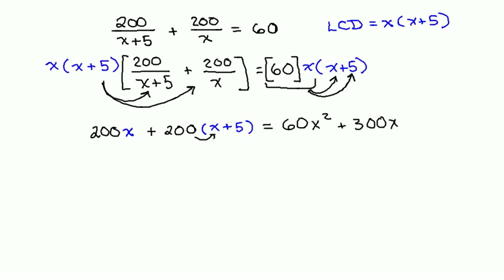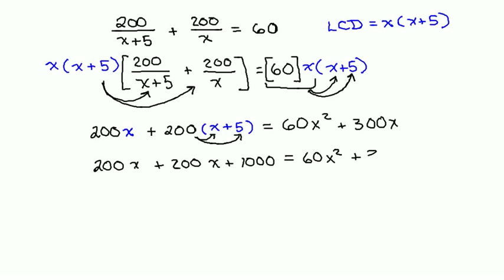Now I still need to distribute on the left-hand side this 200, so we now have 200x plus 200x plus 1000 equals 60x squared plus 300x.